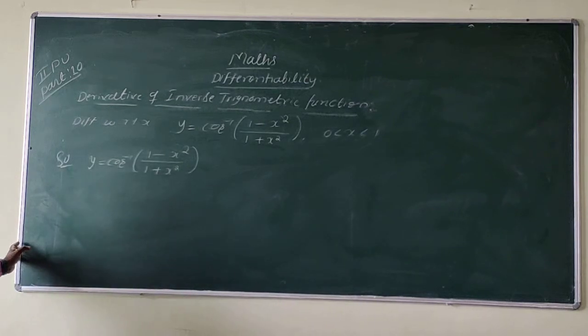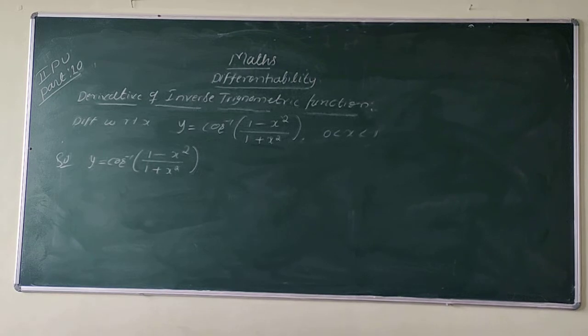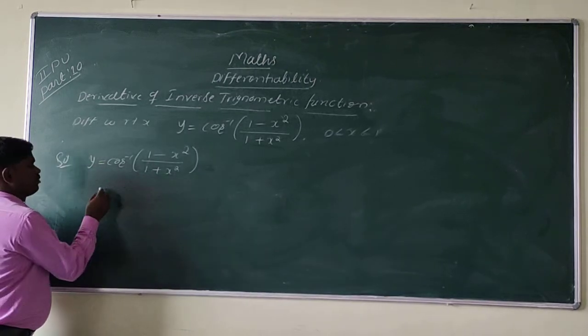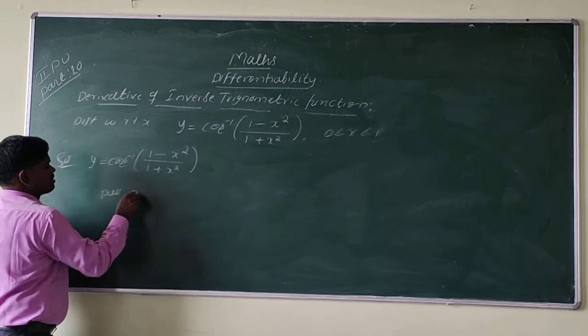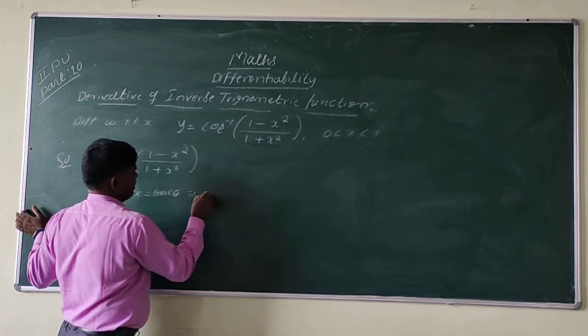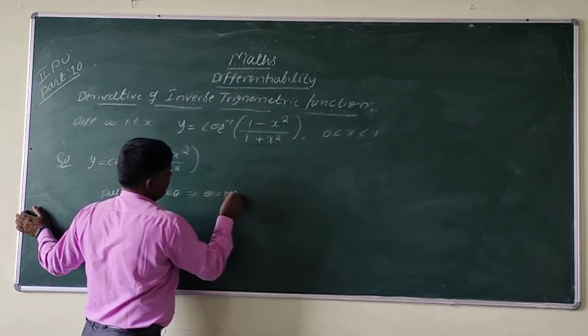To convert the given term into sin theta or cos theta form, put x is equal to tan theta. This implies theta is equal to tan inverse of x.